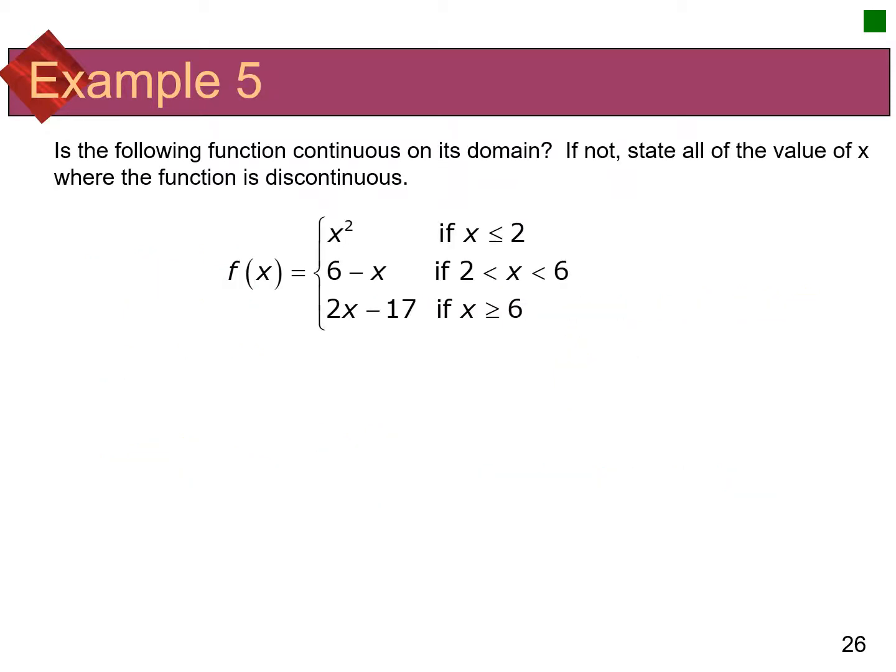As we had discussed in the recording for example 4, there is a difference between being continuous for all real numbers and continuous on its domain. In some cases it does mean the same thing. In other cases it does not. And we had a brief discussion about the function f of x equals x minus 3 over x squared minus 9.